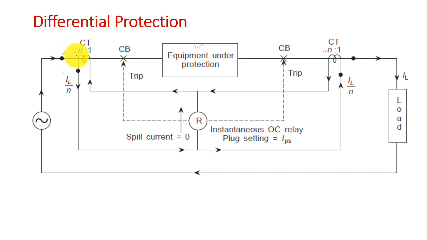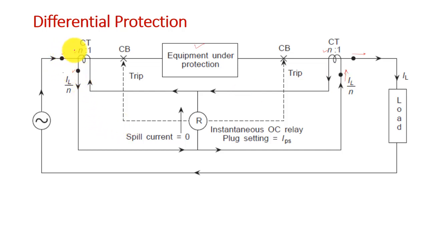So, this dot is here and the other dot at the secondary side is here. When the current enters at the primary side at the dotted end, the current goes out at the dotted end. Similarly, as the current goes out here at the dotted end in the primary side, the current will enter here at the dotted end in the secondary side of the CT.